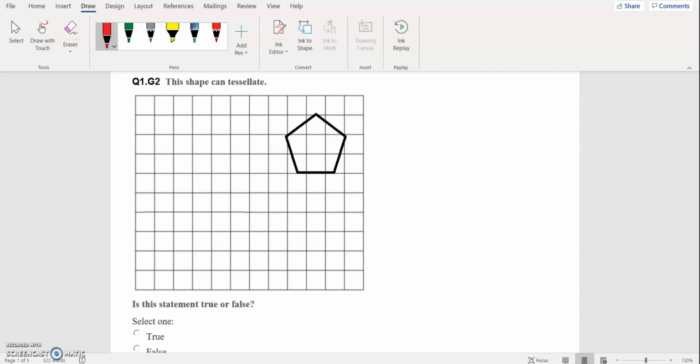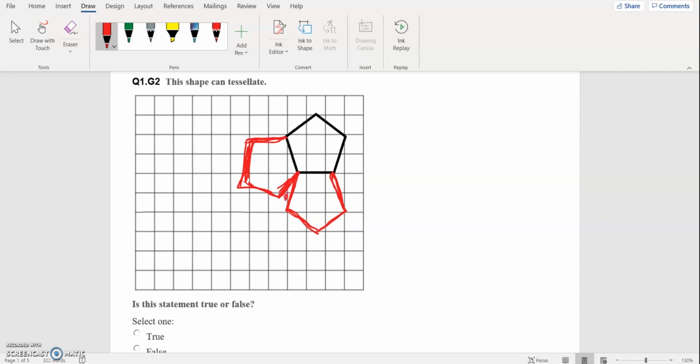A shape that tessellates can have many of them fitting together with no gaps. So trying to draw some pentagons, and then if I try and draw another one next to this, as you can see, pentagon does not tessellate.